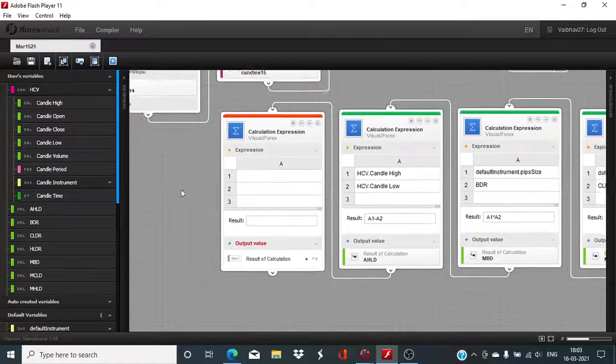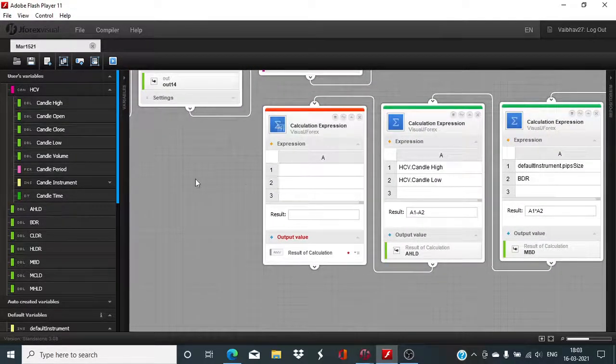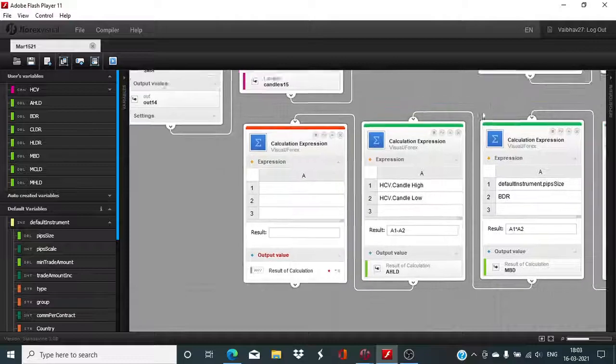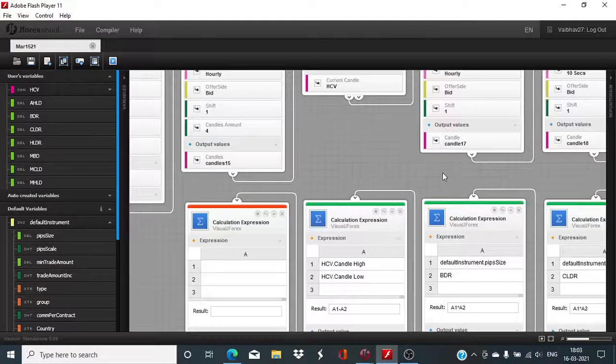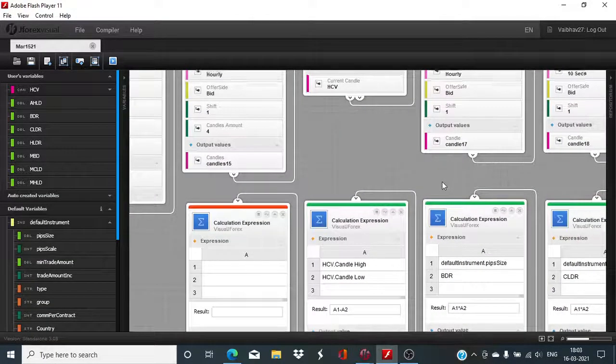Then we also want the closing value for the last hourly candle to be above 15 pips from the low.